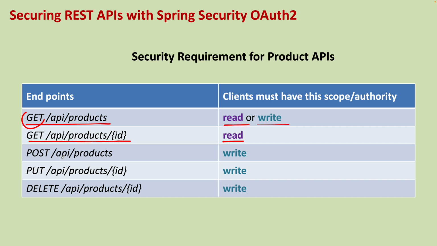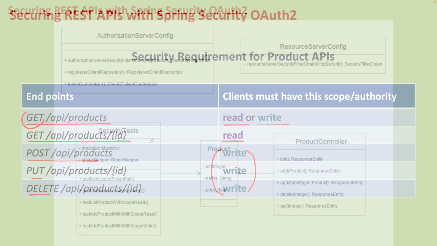And similarly, to use the add product API, update product API, and delete product API, the client must have the scope write or authority write. You see, so this is a security requirement for product APIs. The client must have one of these 2 scopes, read or write, in order to use the product APIs.